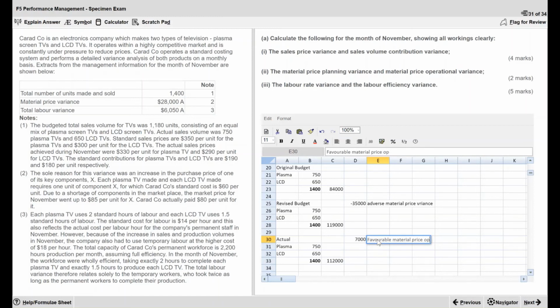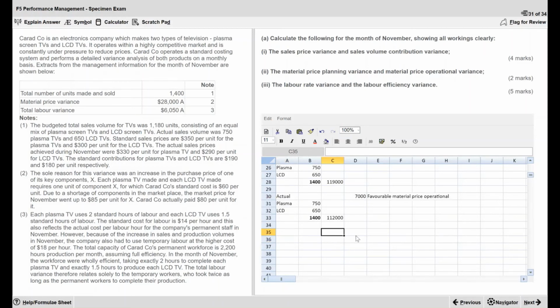This is operational, and the top is planning. So original budget versus revised budget gives you planning variance, and then revised budget versus actual gives you operational variance.